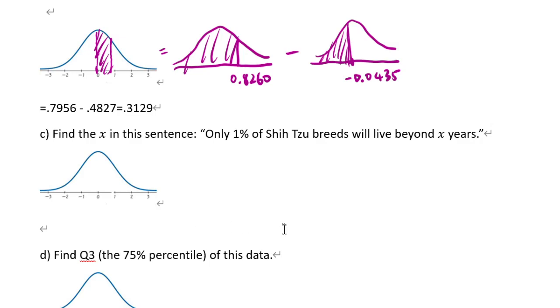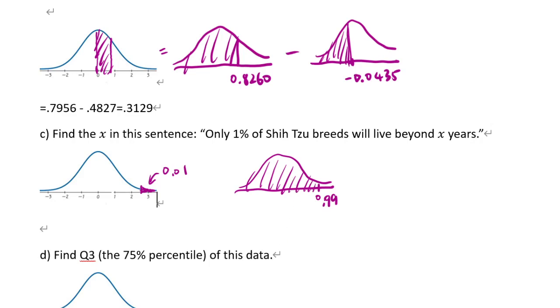Okay, this time you have to find this X, which says only 1% of Shih Tzu breeds will live beyond X years. So you can imagine that there's this right tail, a very small portion, where this area is just 0.01. Now, to find this, you should think of this as the critical value of 0.99, because if this small tail is 0.01, then 0.99 would be this much, right?